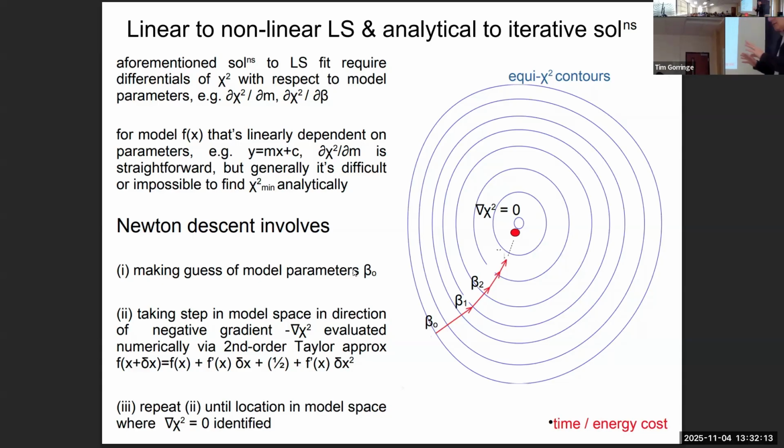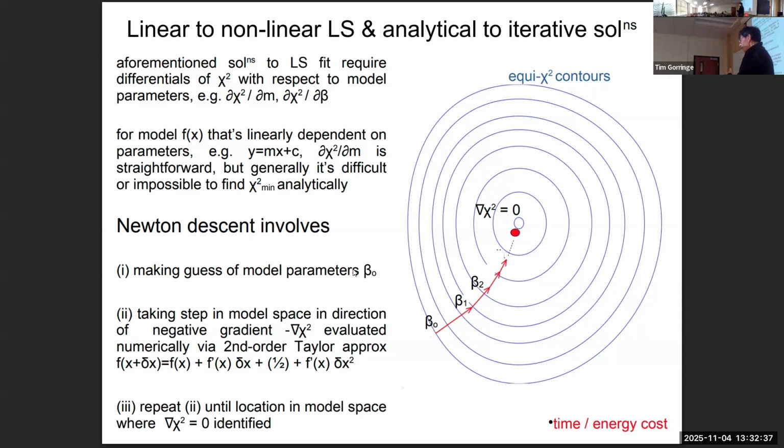So in short, we can't solve the problem if you've got a nonlinear model with the analytical method, the method involving the matrix algebra to calculate best values of the parameters and their uncertainty.